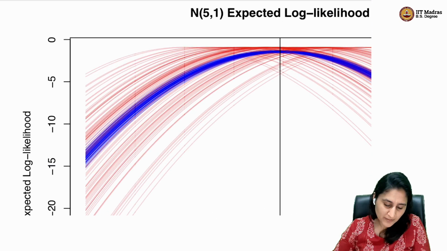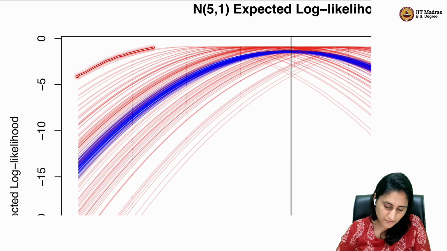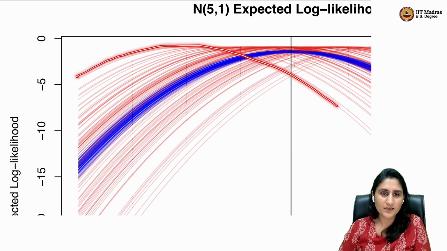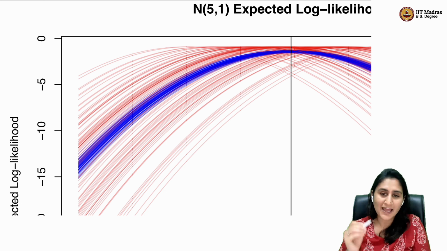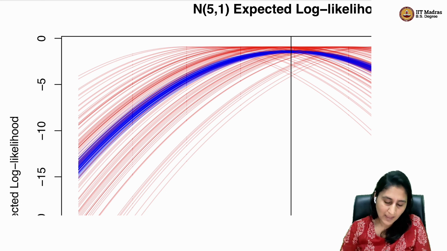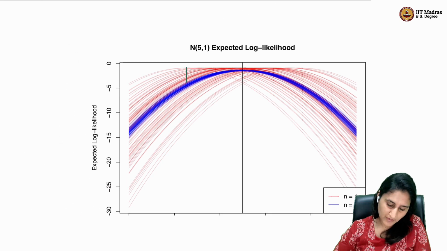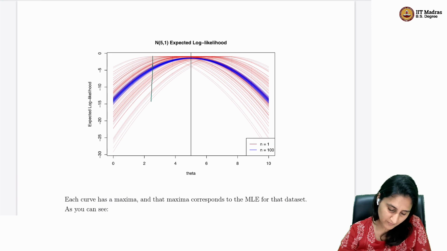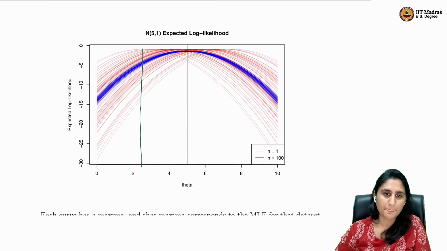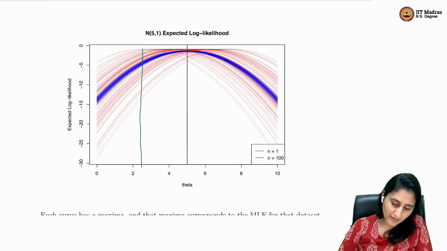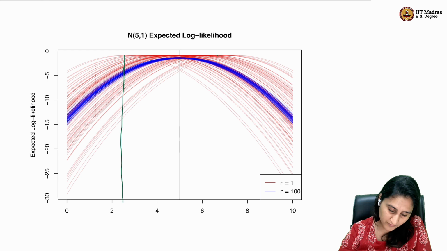Now, if I zoom into this log likelihood function, it has a maxima, and that maxima happens right here somewhere. I'm going to draw that line down on the x-axis. Similarly, the log likelihood function here has its maxima occurring somewhere here.